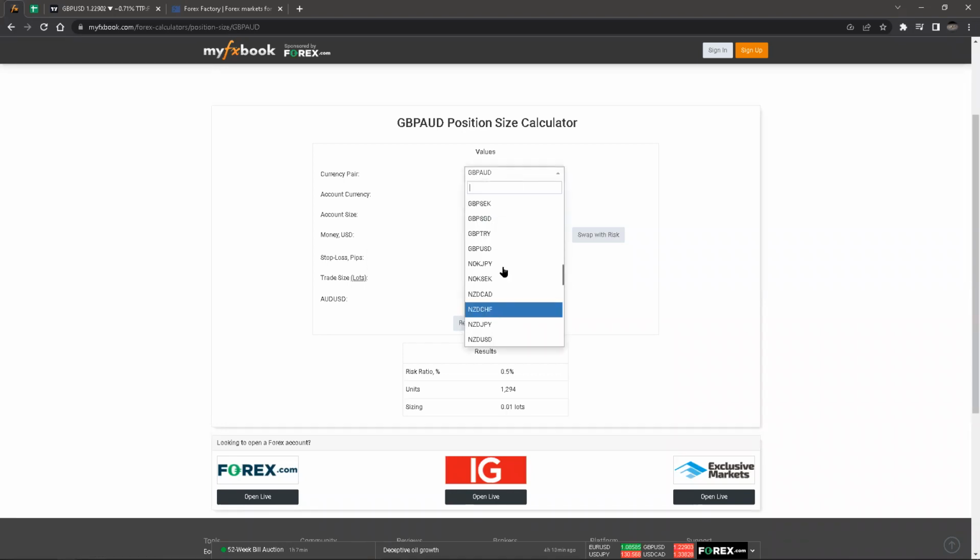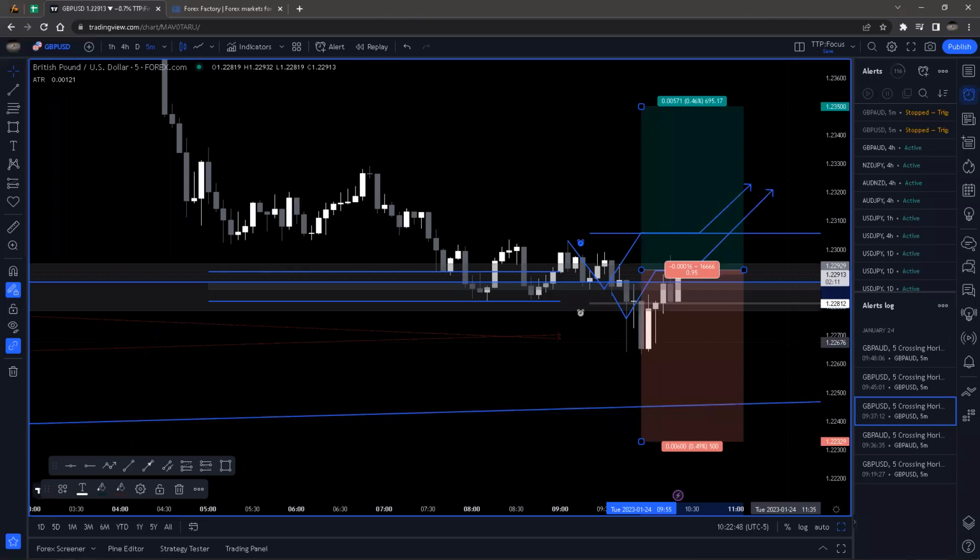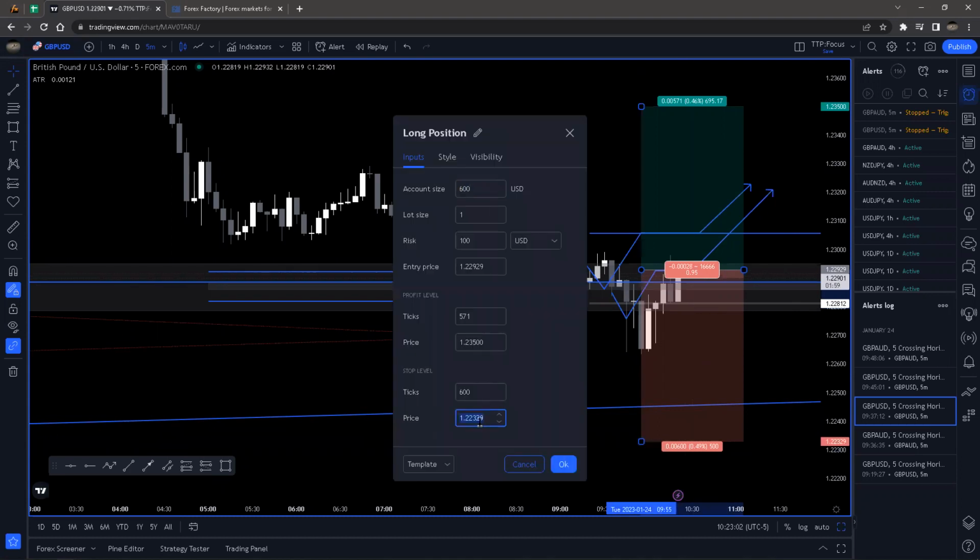GBP USD 0.02. All right, that entry set up. I want to set up a hedge position at that right there. 22329.